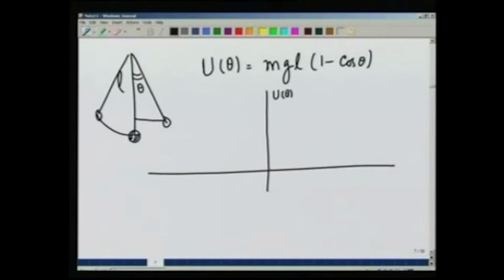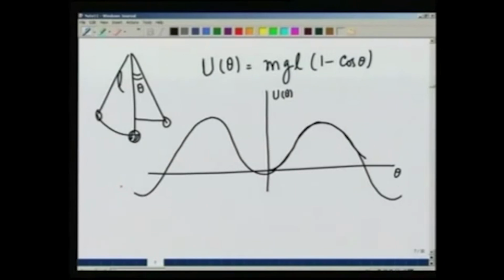It is minimum at theta equal to 0, then it goes like a cosine curve, and so on. However, when we approximate this as a simple harmonic motion, then the potential energy becomes mgL divided by 2 times theta squared, and therefore I am approximating this potential energy like this.